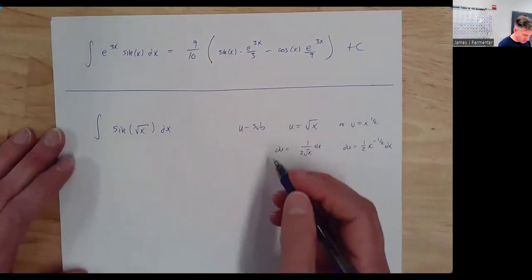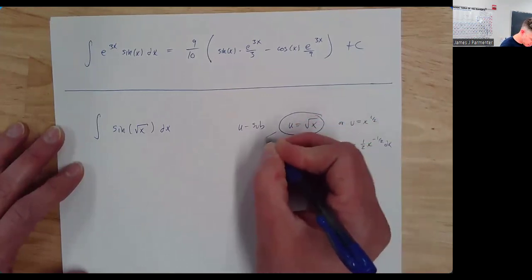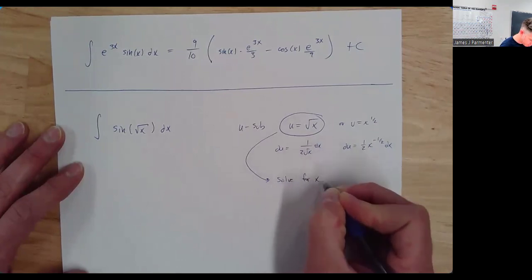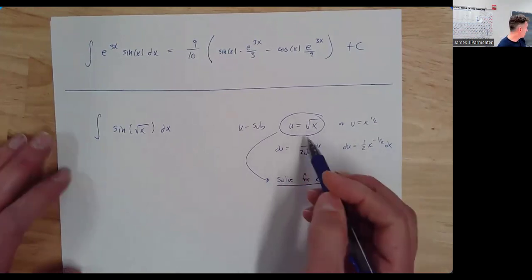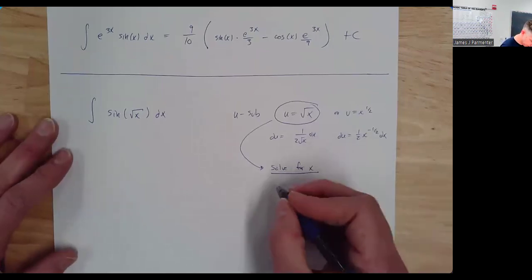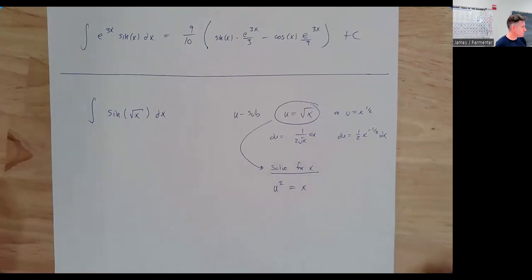So there's actually kind of two ways to deal with this. What we usually do is we take our u equal to root x and we solve for x. So in this case, to solve for x, what do I need to do to both sides? Yeah, u squared equal to x. And I'm going to differentiate both sides with respect to u.